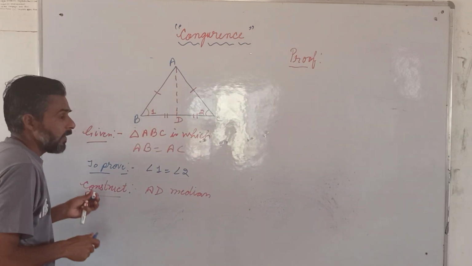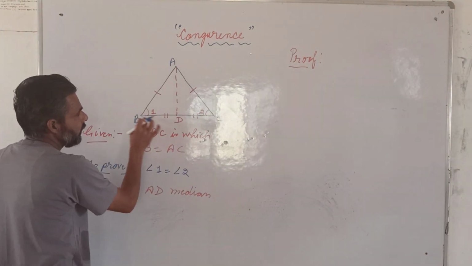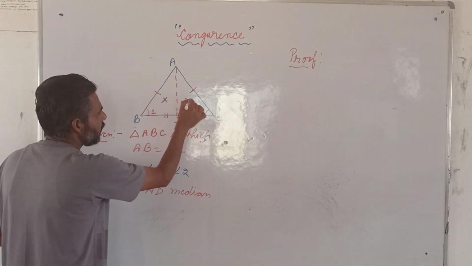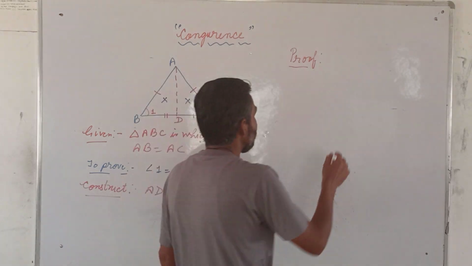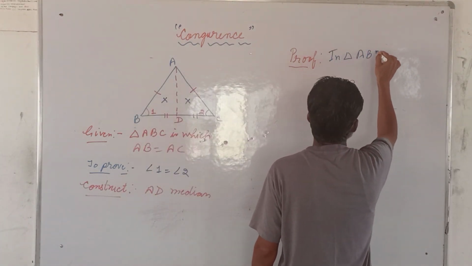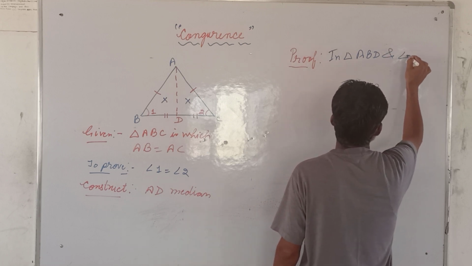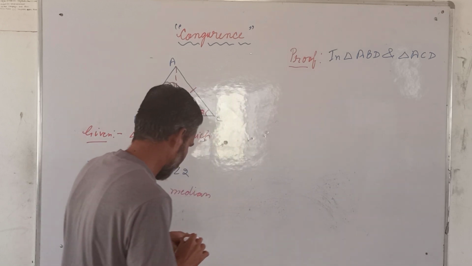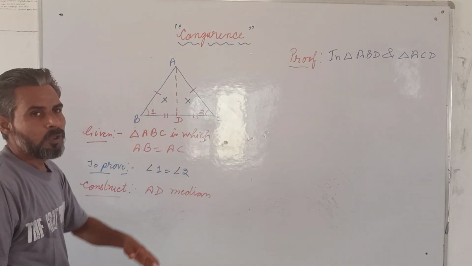Now we have two triangles here, ABD and ACD. We will write: in triangle ABD and triangle ACD, we have to compare these two triangles.